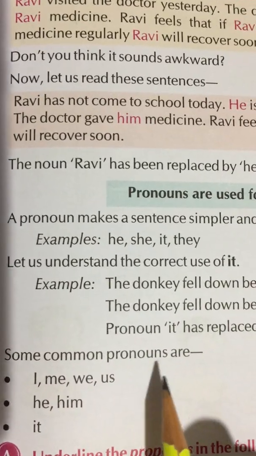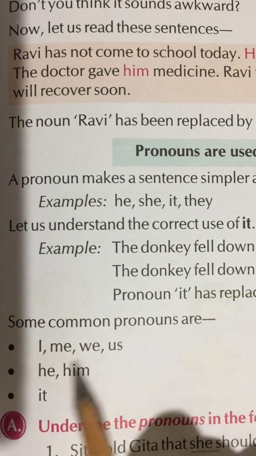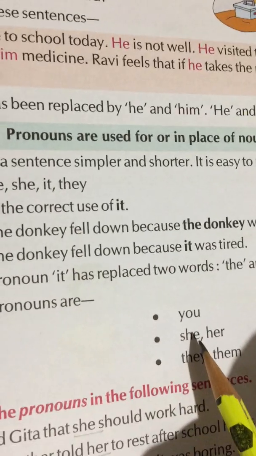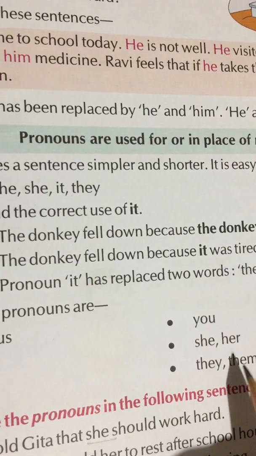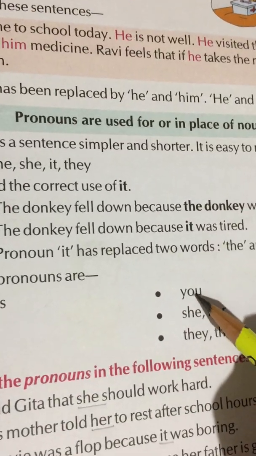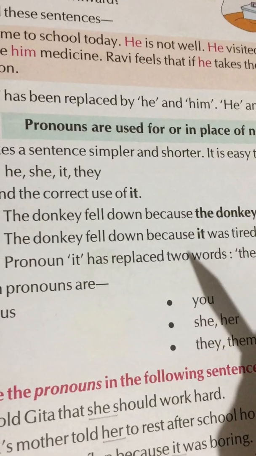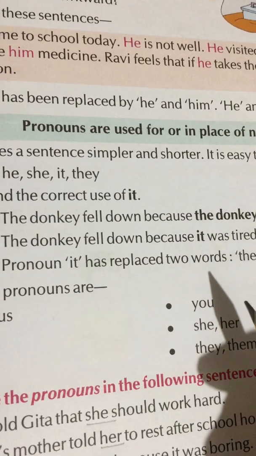Some common pronouns are I, me, we, us, he, him, it, you, she, her, they, them. So all these words are pronouns that are used in place of nouns. Why do we do it?